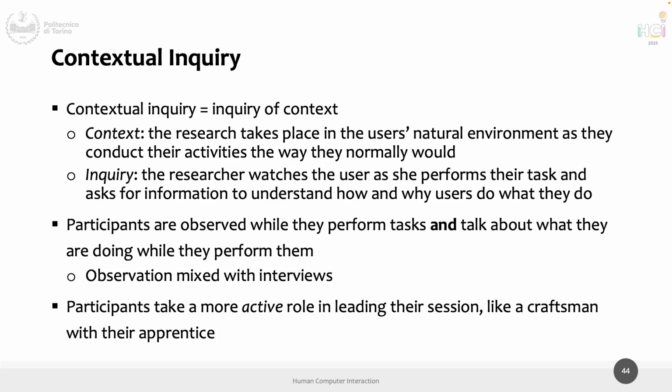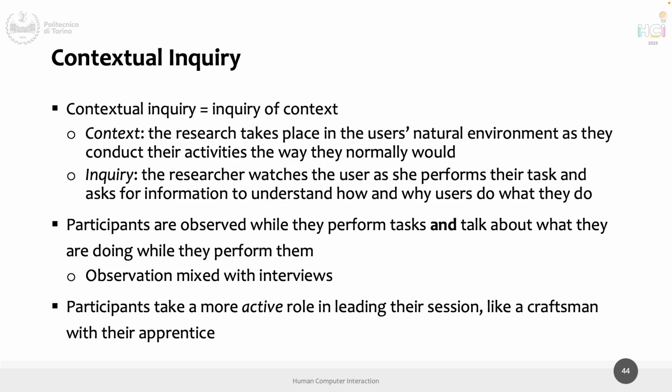So contextual inquiry is, of course, inquiry of context, where the context is the fact that the research, the questions, the activity take place in the user's natural environment as they would do normally. So it's not in a different place, it's just where they work, where they live, where they go to the gym, whatever.